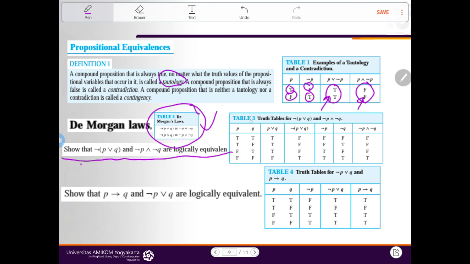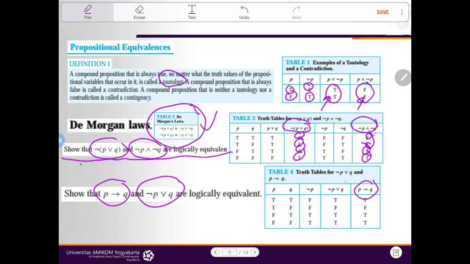So we can use the truth table. This is the result of this, and this is the result of this. As you can see, it is always the same. So we can prove that the compound proposition is correct. This also works in a similar way.